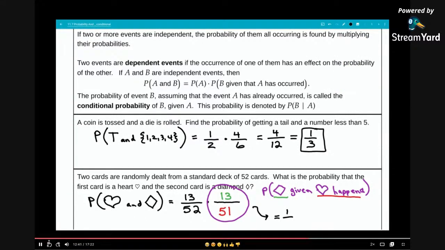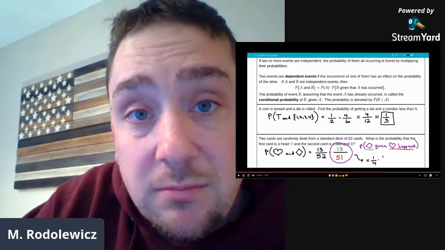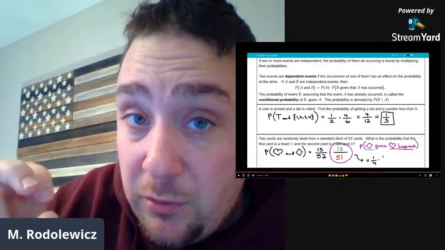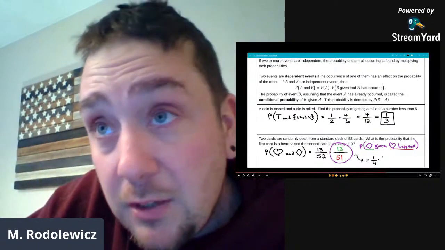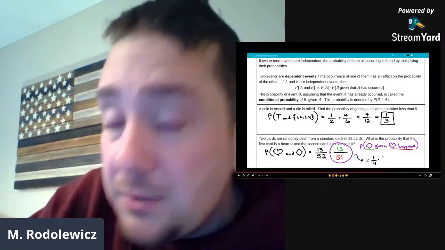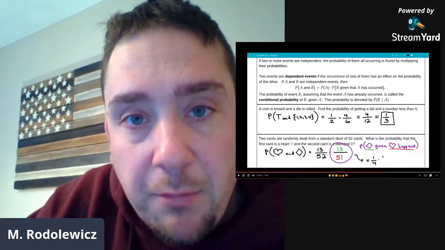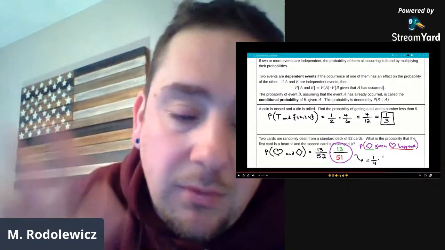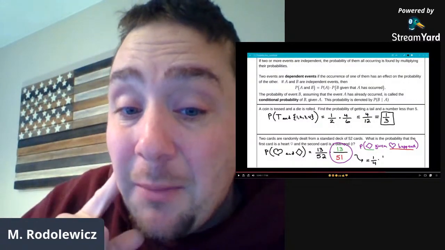I want to emphasize that before letting this video go any further. Just to reemphasize it, there were 52 cards. 13 originally were diamonds, 13 were hearts, 13 were spades, and so on. One's dealt. What's that probability? 13 out of 52. I wrote that in black. Now we want to get a diamond.